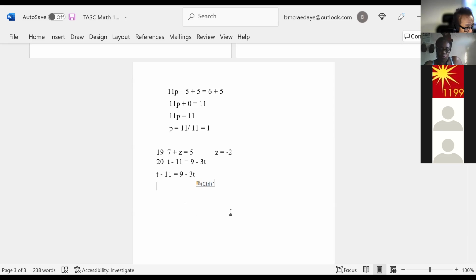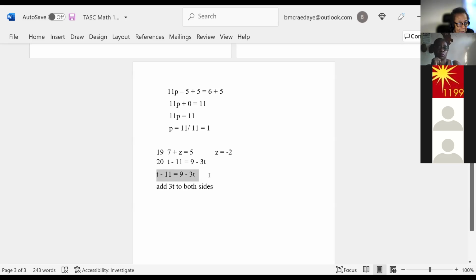Well, not the 3, it's a 3t, Maureen. Oh yeah, I forgot the t's. Okay, go ahead, Vanessa. How did you do it? Okay, you add 3t to both sides.